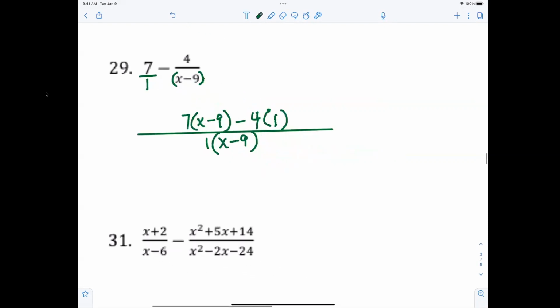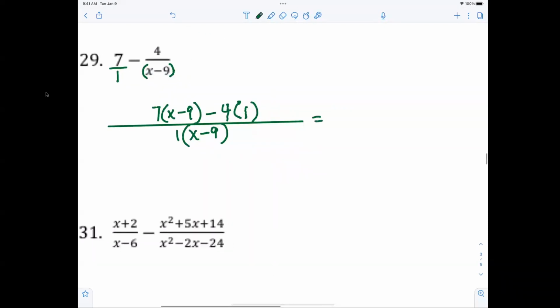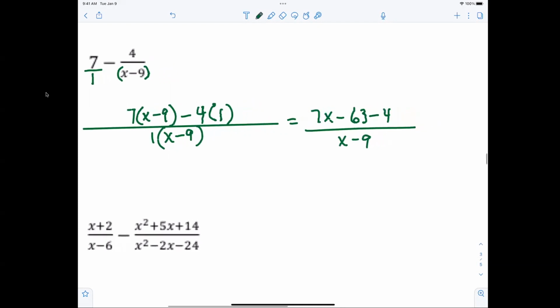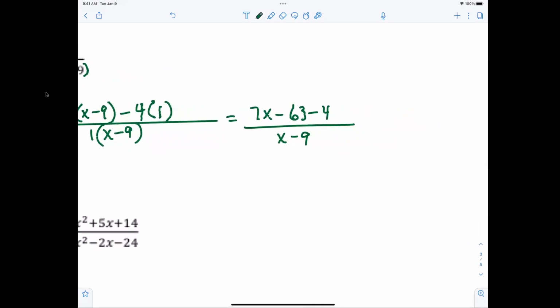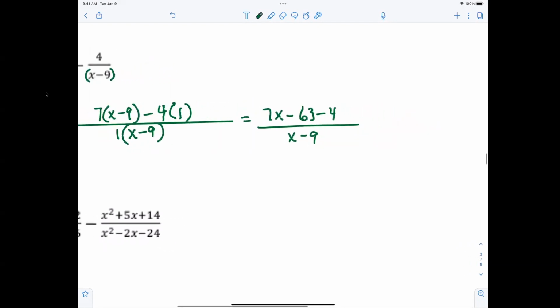Now, distribute the numerator, and we end up with what? 7x minus 63 minus 4. Not quite done yet. So negative 63 minus 4 is what? Negative 67. Right, 7x minus 67 over x minus 9.